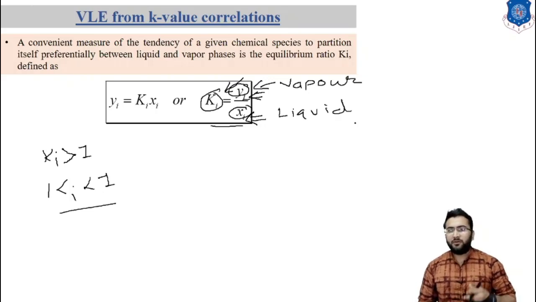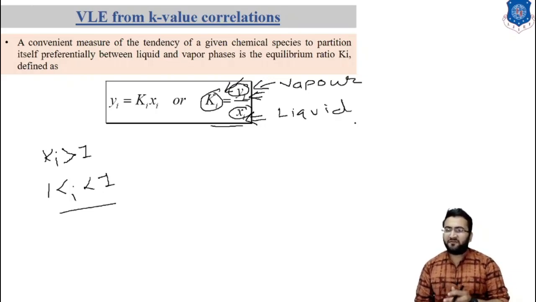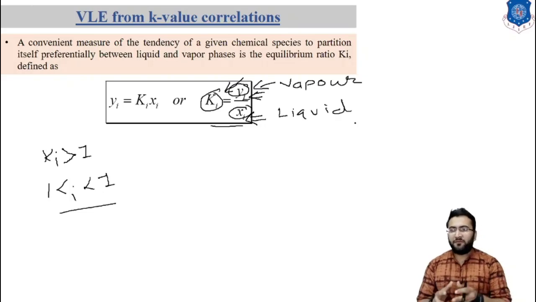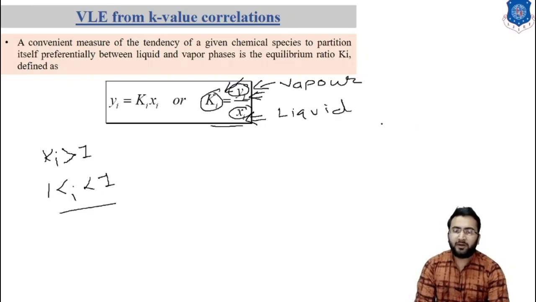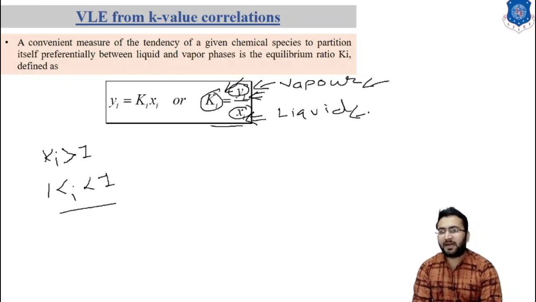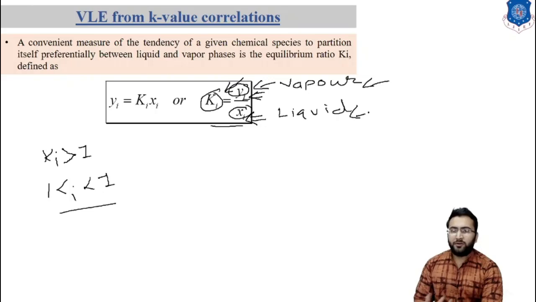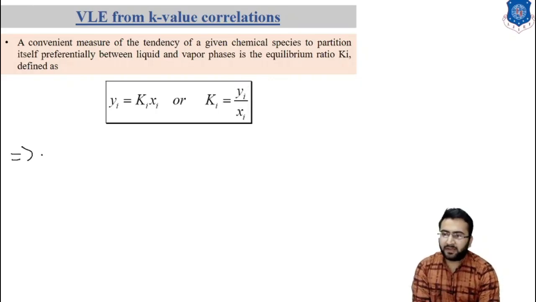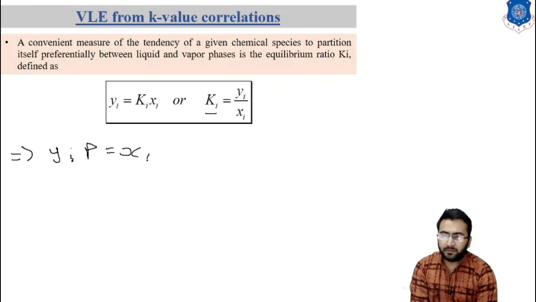But if we do not know the mole fraction of a particular component, and we want to know which component is higher in the vapor phase or liquid phase, that is possible from Raoult's law or modified Raoult's law using partial pressure data. So to find how we can use the Ki value with partial pressure data, let's suppose Raoult's law, expressed by Yi P is equal to Xi Pi saturated.